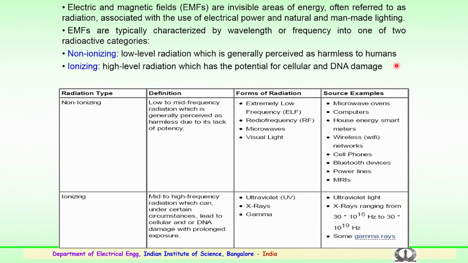That is a concern. So, the ionizing type of radiation is the important consideration, to see that it has to be contained.